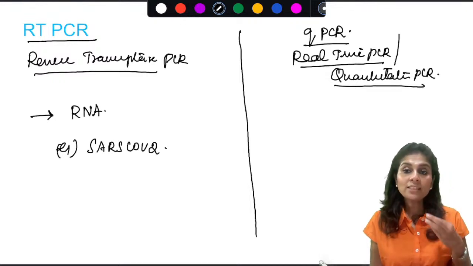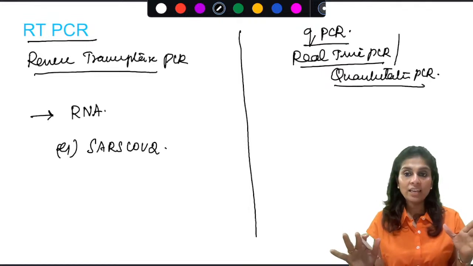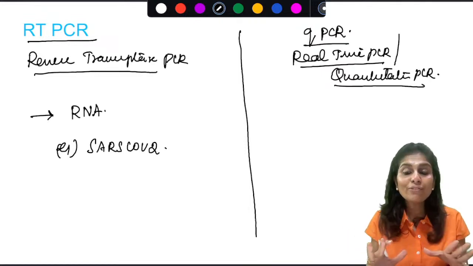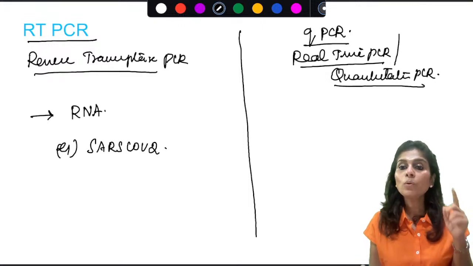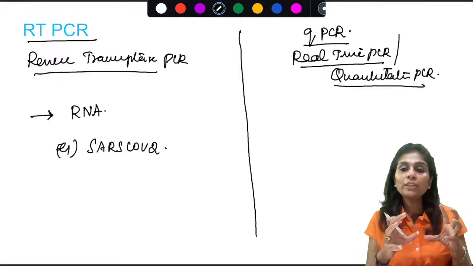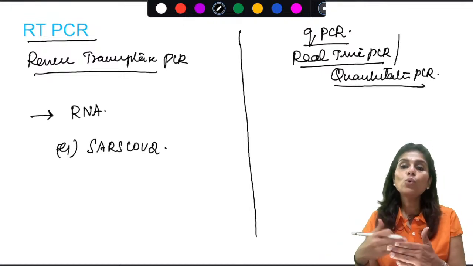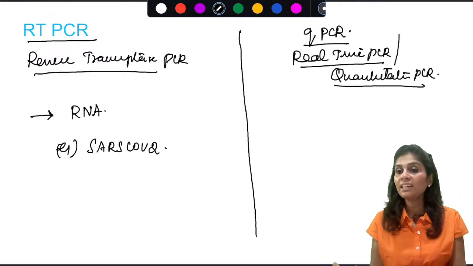If you are interested in an RNA, you cannot directly amplify RNA. You cannot directly quantify RNA. If you're wondering what is amplification, what is quantification, amplification is producing multiple copies. Quantification is quantifying the number of nucleic acid.